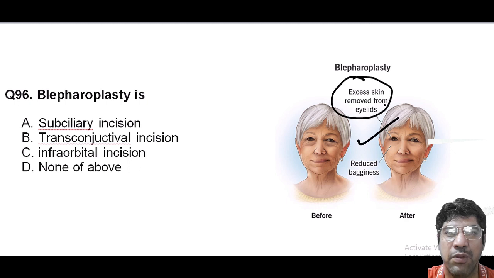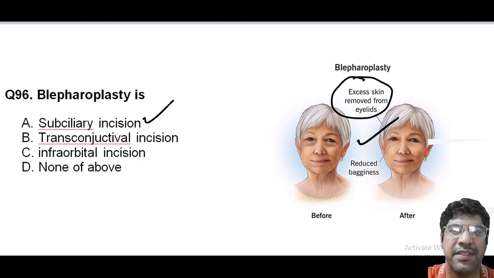So it can include various types of incisions, like the subciliary incision that is given below the eyelashes on the lower eyelid, or the transconjunctival incision that is given inside the lower eyelid.